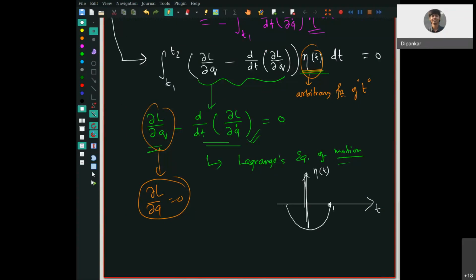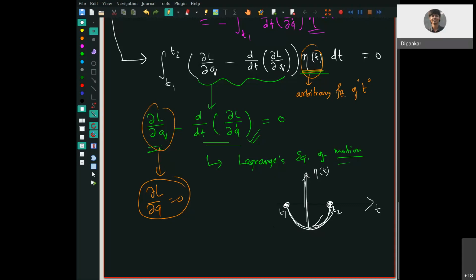So remember, this is my t2 and this is my t1. So eta t should be such that although eta t has a major t square dependence, this is a kind of t square curve, I should not say eta t equals t square, I should say eta t goes as t square. But it is vanishing at t1 and t2. So this is the structure of eta t that you have taken.